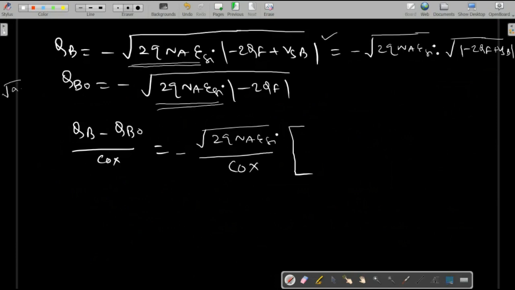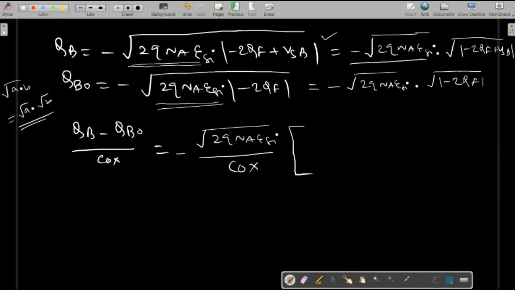Root of A into B, that is root of A into root of B, I can write. Similarly, this equation we can write as minus root of 2QNA epsilon SI into root of minus 2 phi A.